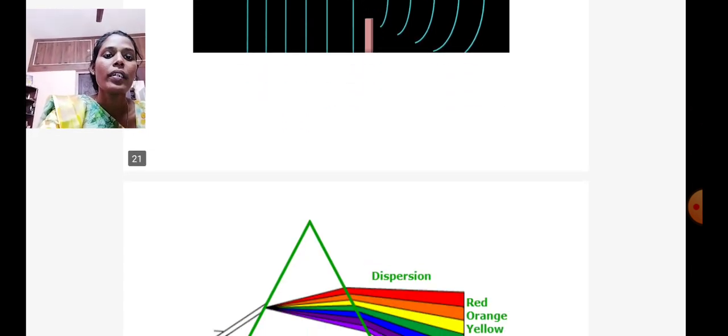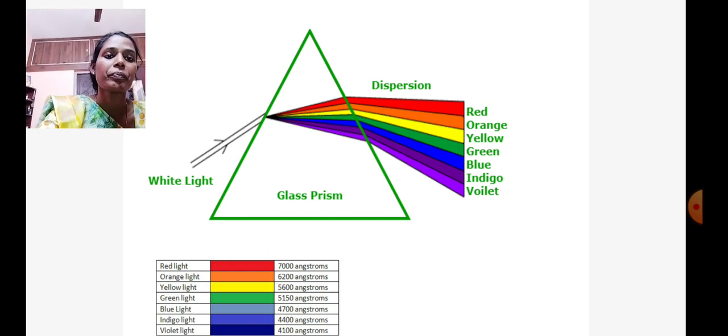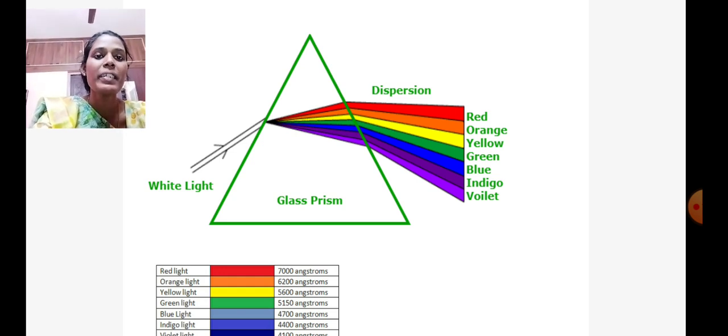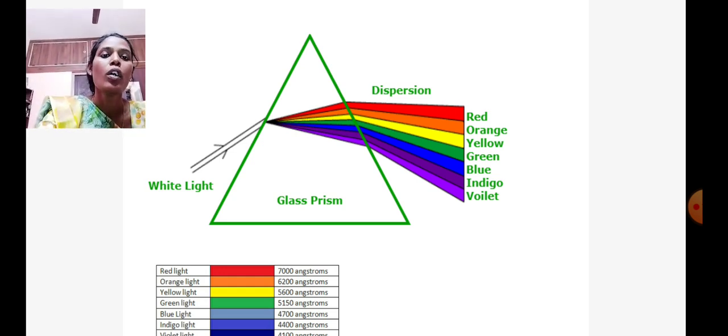The next one is dispersion. The name indicates that the colors are going to get dispersed. When a white light is incident on a prism, the prism has three faces, or including the bottom, four faces, but that doesn't matter.